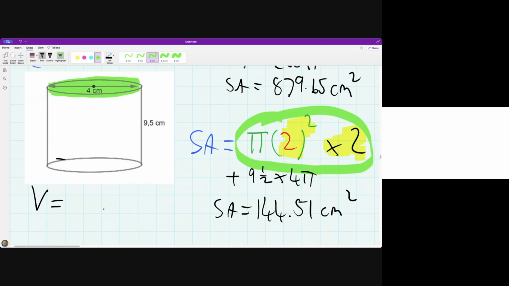Can you find the area of the green circle? And then what else do you have to do to get the volume of the cylinder?